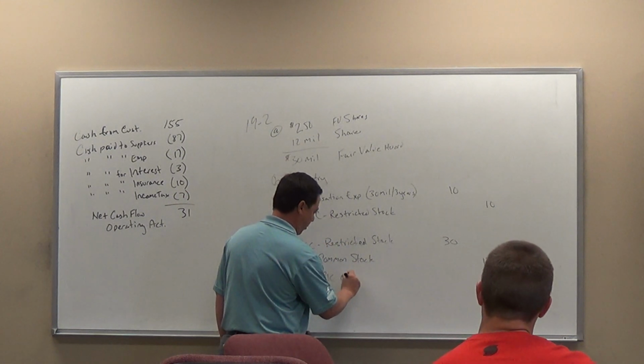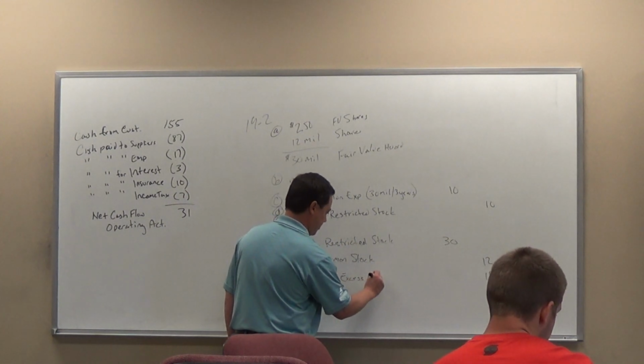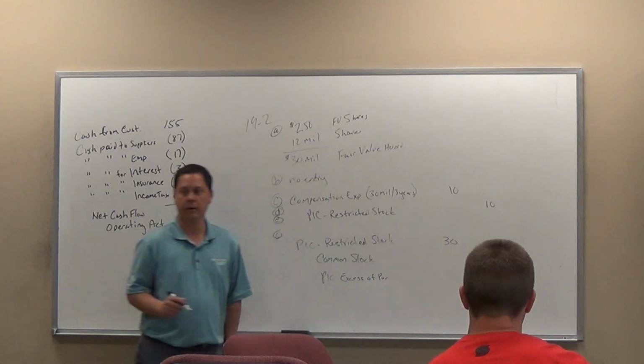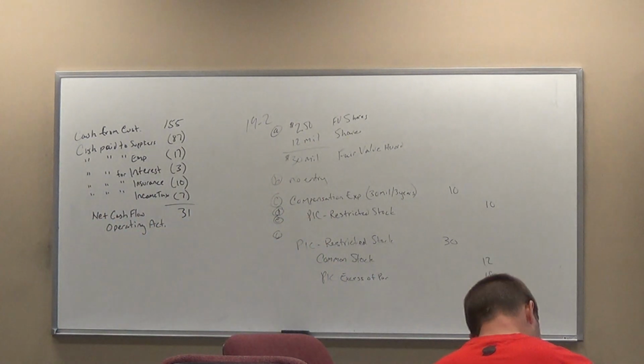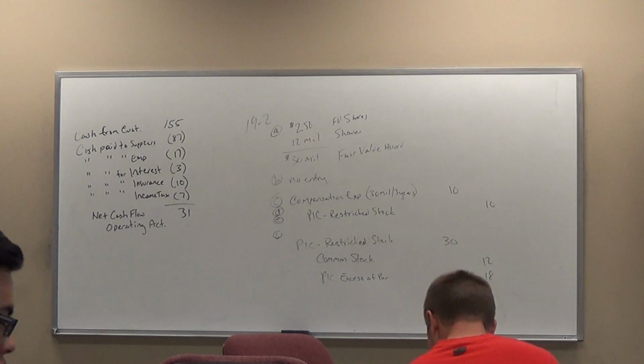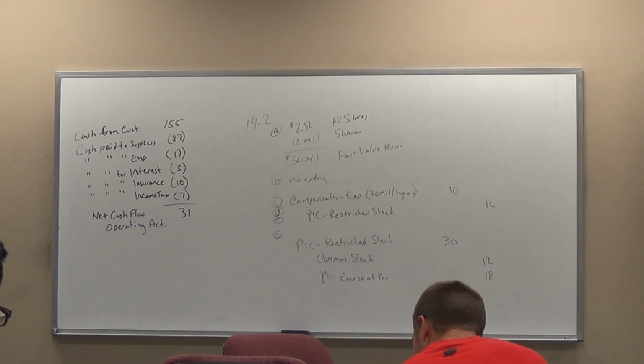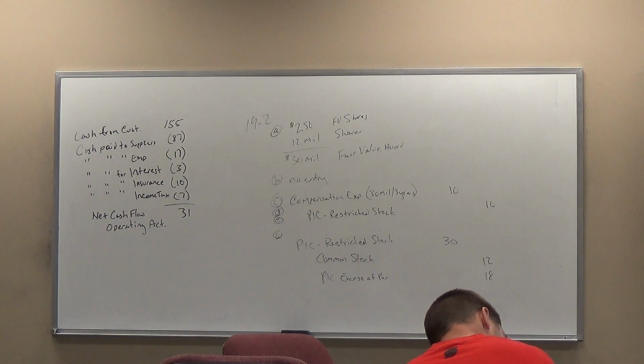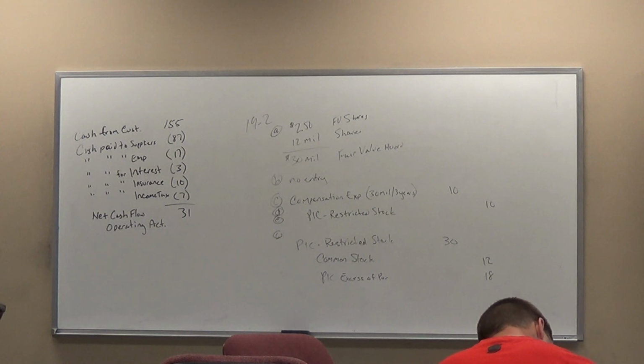This is excess of par. Questions on that one? Pretty easy so far. You guys going to ace this test? All right, I hope so. I'm going to have to reevaluate here.